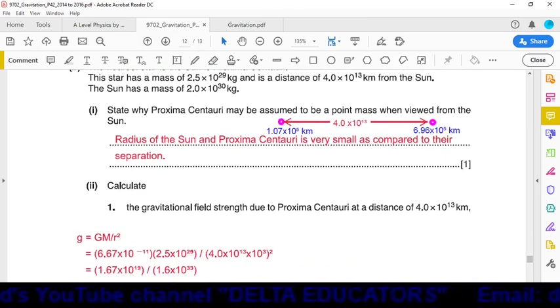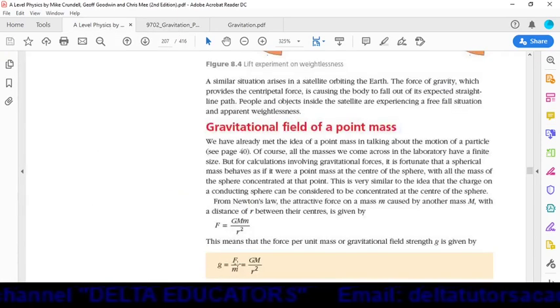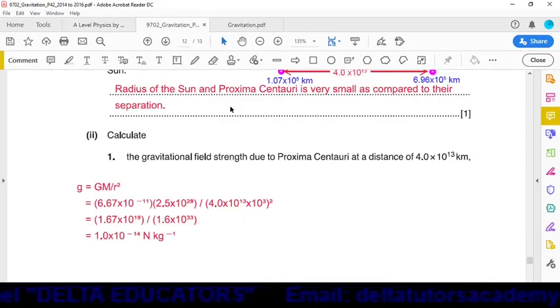Calculate the gravitational field strength due to Proxima Centauri at a distance of 4 into 10 power 13 kilometer. Very simple question. Gravitational field strength is given as GM over r square. Capital G is 6.67 into 10 power negative 11, the gravitational constant.